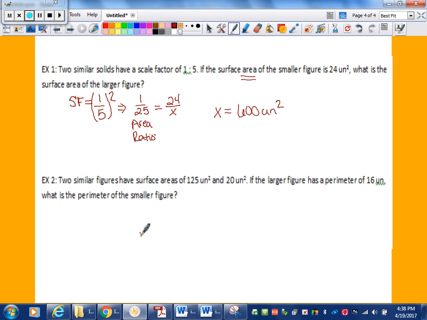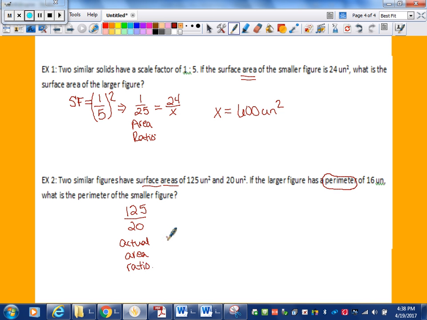Let's try another example. Two similar figures have surface areas of 125 and 20. If the larger figure has a perimeter of 16 units, what is the perimeter of the smaller figure? Alright, they gave me an actual area ratio.